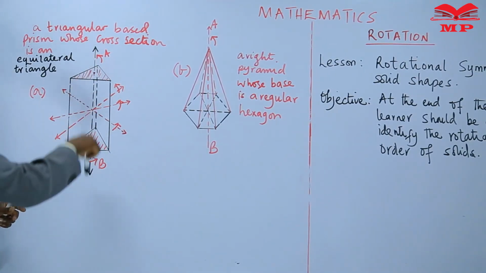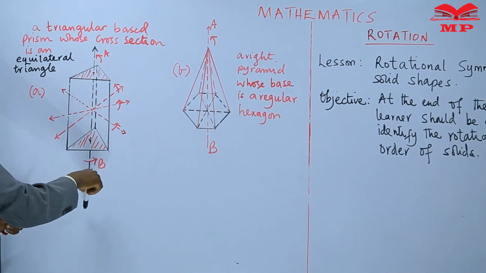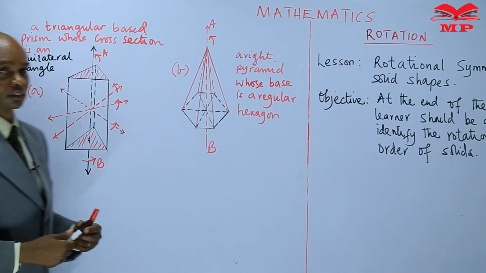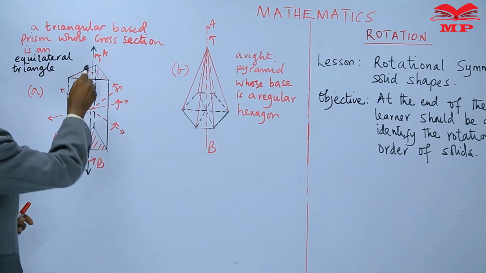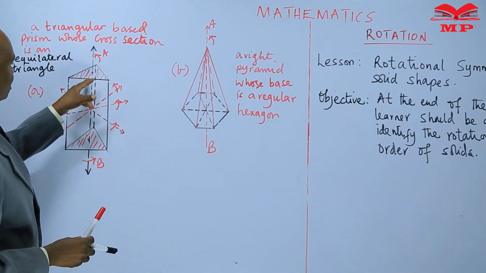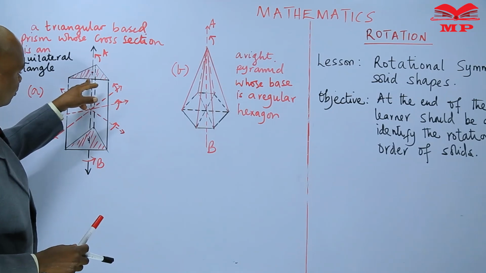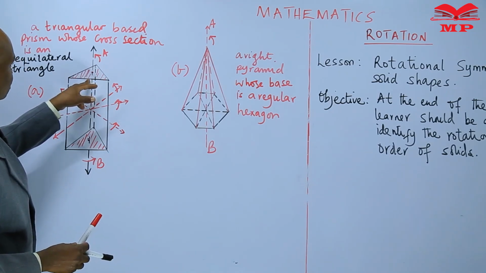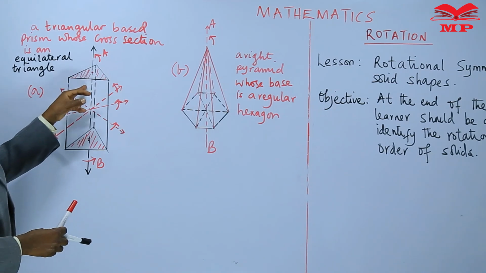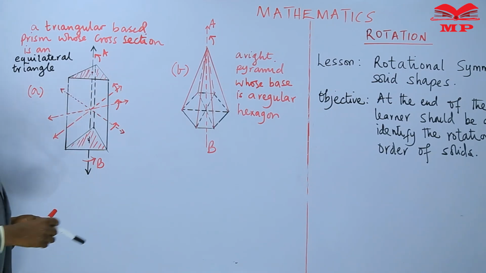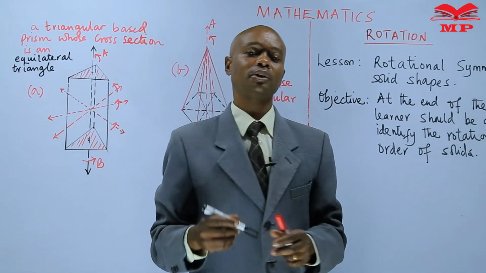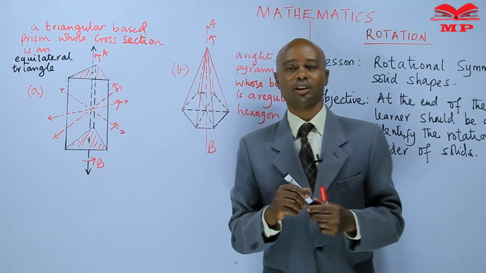So we have some axes there. You can see a vertical axis and 3 horizontal axes. They have told you it has a cross-section of an equilateral triangle. At this stage, you know what an equilateral triangle is.